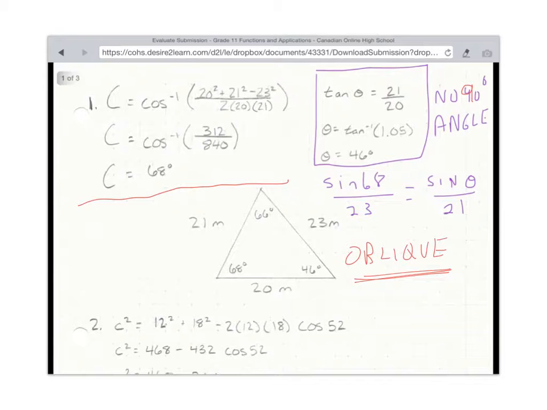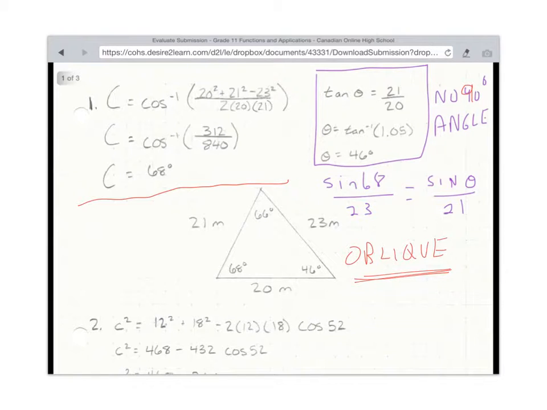One of the rules of thumb that I use when I first mark things, rather than going through every calculation and making sure it's all correct, I always start with the triangle solution that you've given me. One of the things that I look for is the smallest angle across from the smallest side and the largest angle across from the largest side, because that's a law of triangles. That always has to be true.